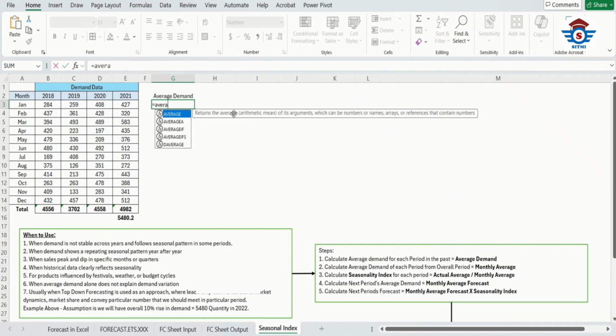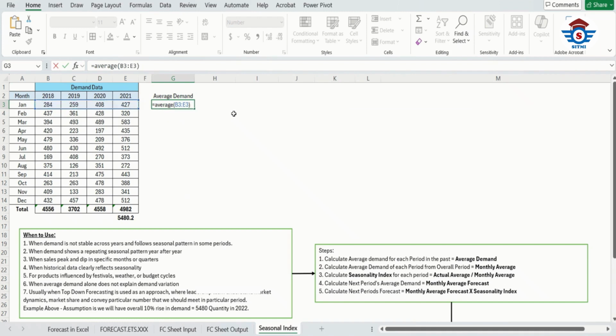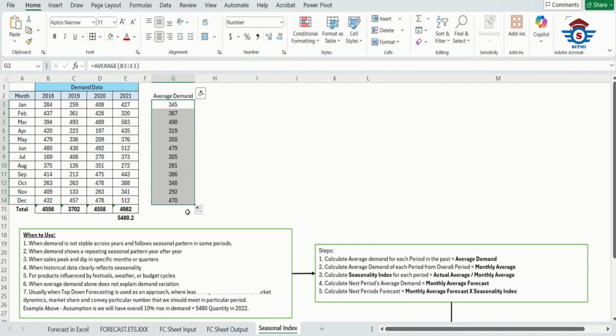I will take the average of all the last 4 years, which tells me that the average demand in the month of January was 345 quantity. When I drag this formula down, you will see the average demand for all the months. Now I will sum up the average demand: for the last 4 years it was 4,450 units.